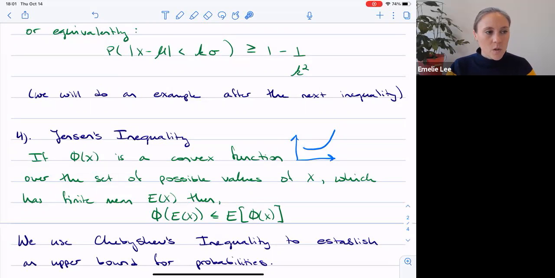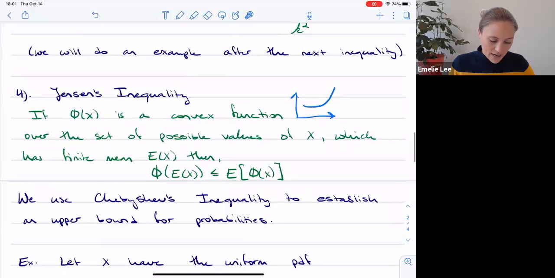Okay, so going back, let's review Chebyshev's inequality to see kind of what's going on here. We're going to use it to establish an upper bound for probabilities. So it's not going to give us the probabilities. And there are situations, even like the one that we're about to do, where calculating the probability exactly might be a little bit rough.